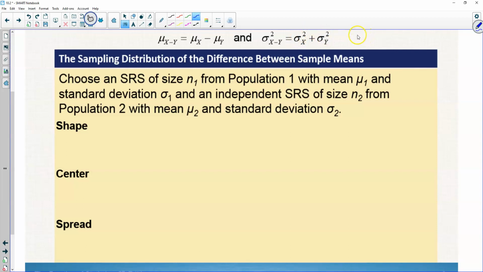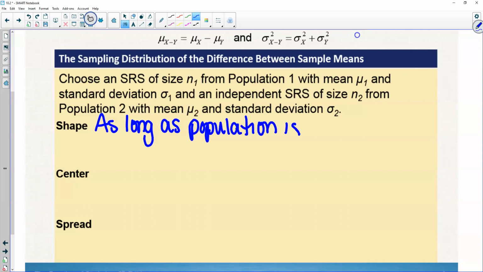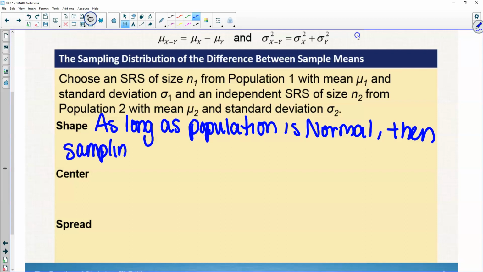So our shape: as long as the population is normal, then the sampling distribution is normal, and that's of the differences.